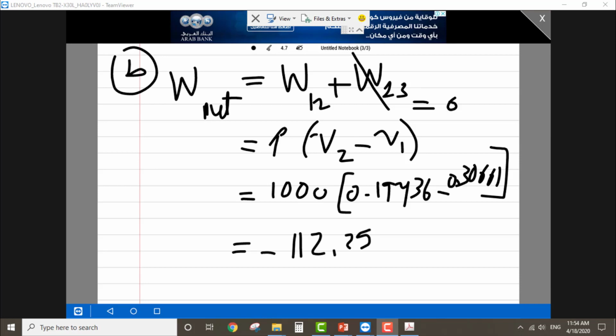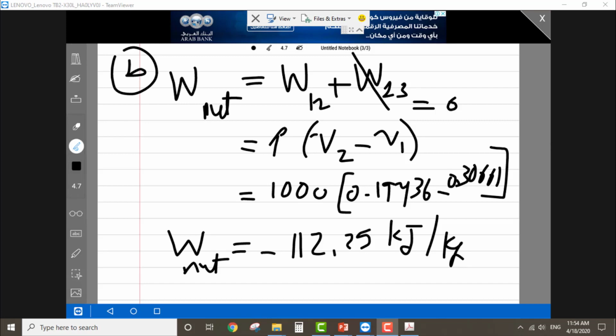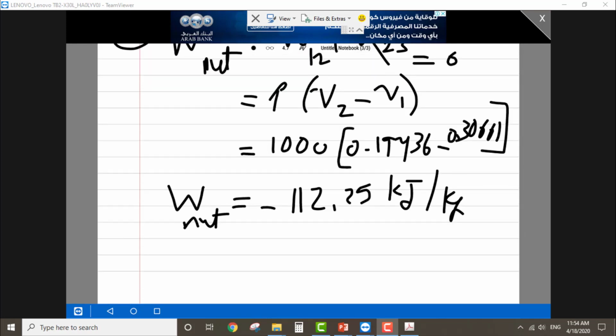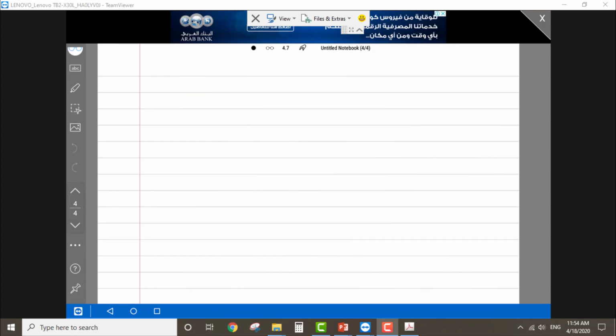So the answer is minus 112.25, and the unit is kilojoule per kilogram, as he asked to find this value in kilojoule per kilogram. If we have mass, then we'll multiply by mass to find the unit in kilojoule.